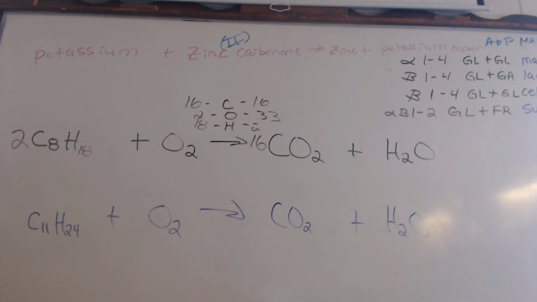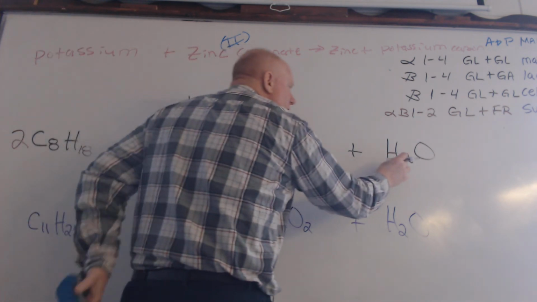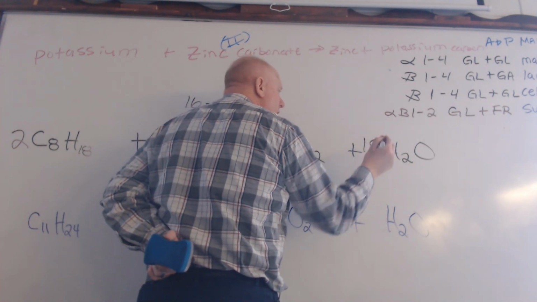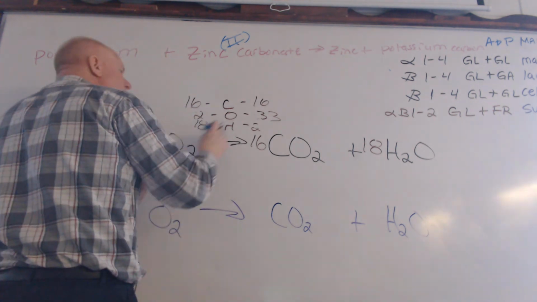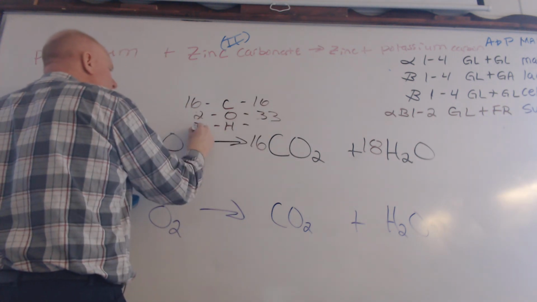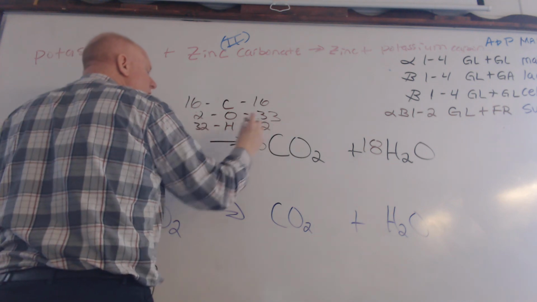Then go ahead and do your hydrogens. 2 times 18 gives you what? 36. There's only 2 over here. How do we get this up to a 36? So now your hydrogens are balanced.